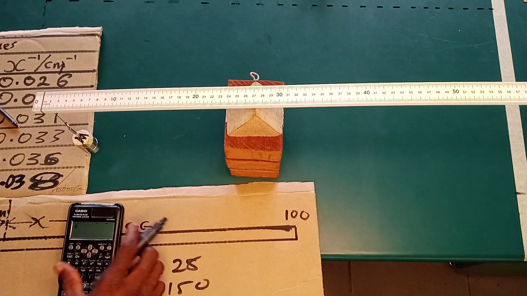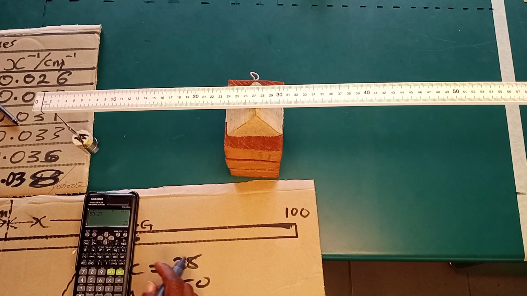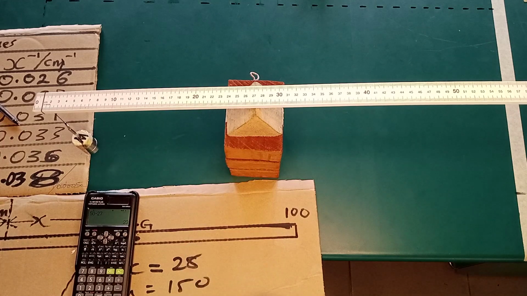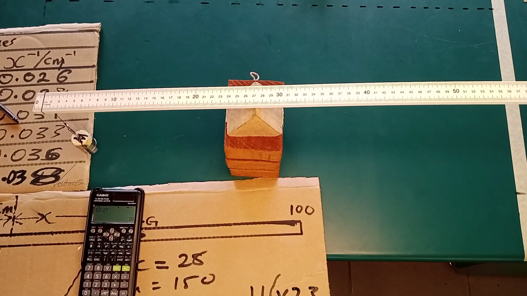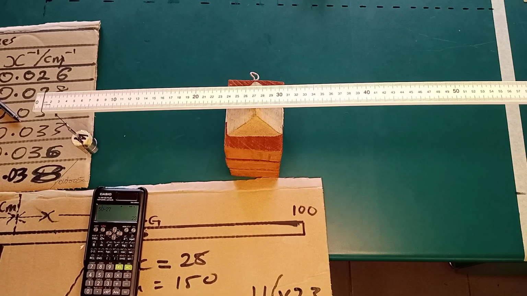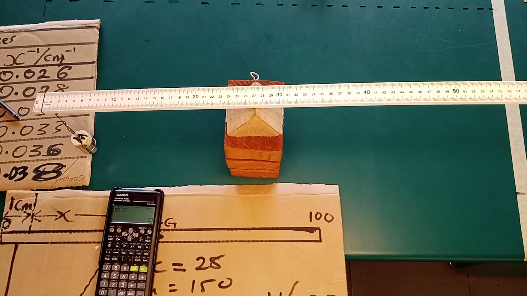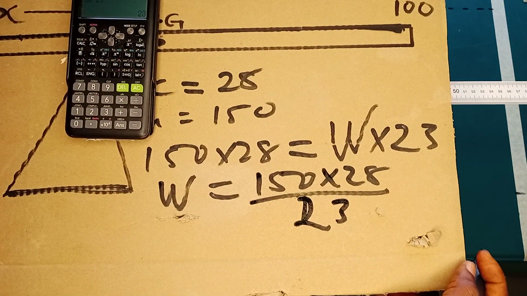So 50 minus 27 will give you 23. So we say W times 23. So W is equal to 150 times 28 divided by 23. This is a simple equation that will give you the mass of the ruler.